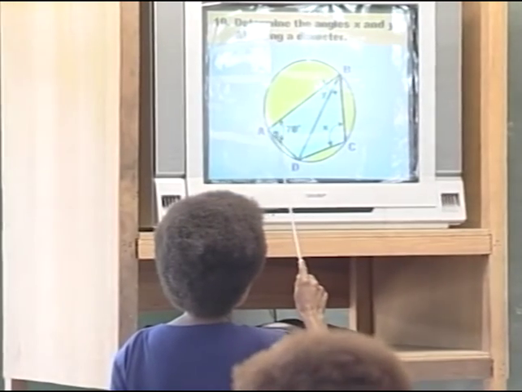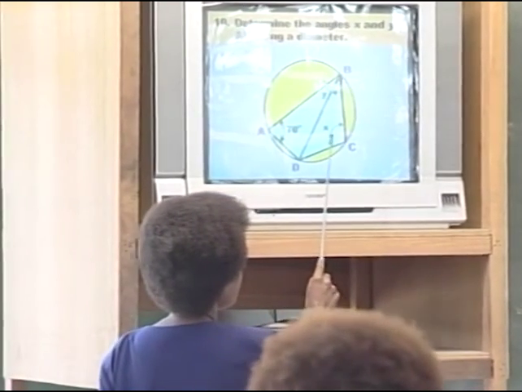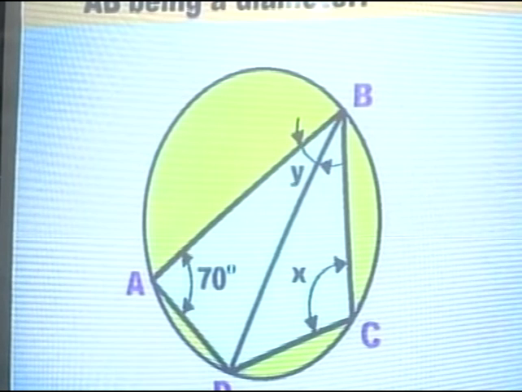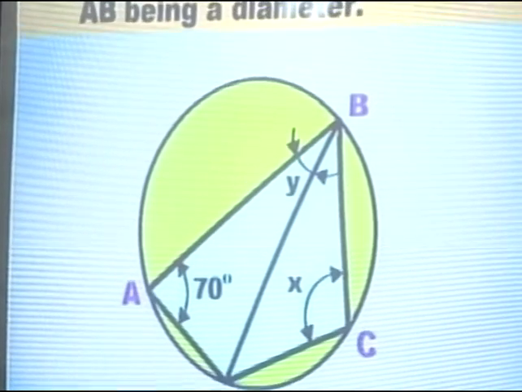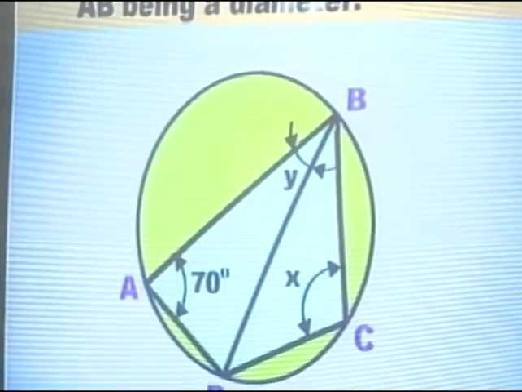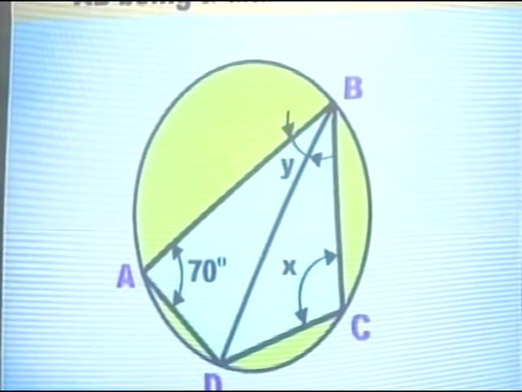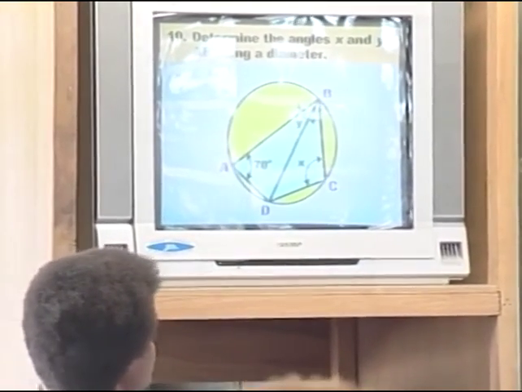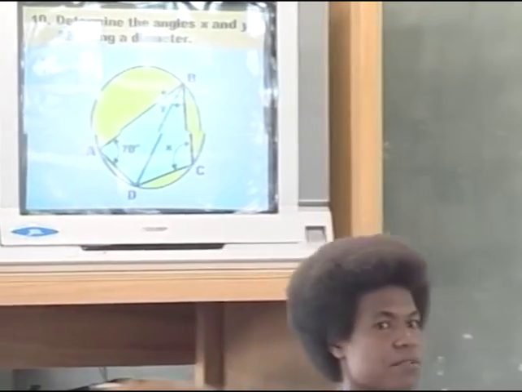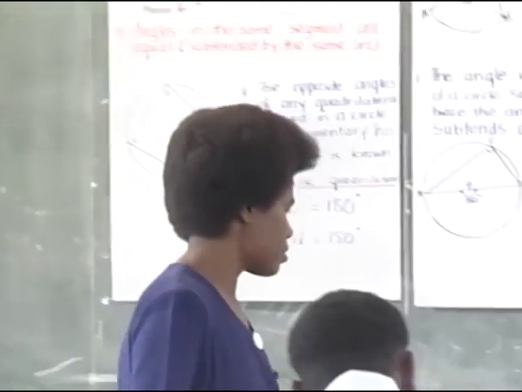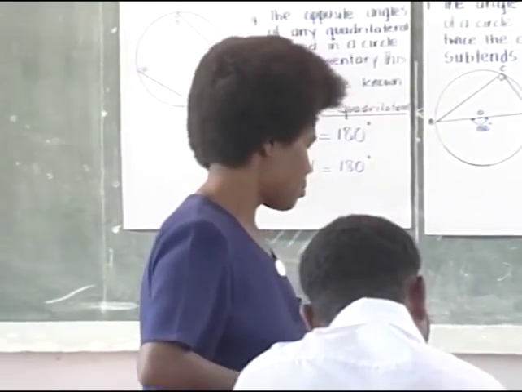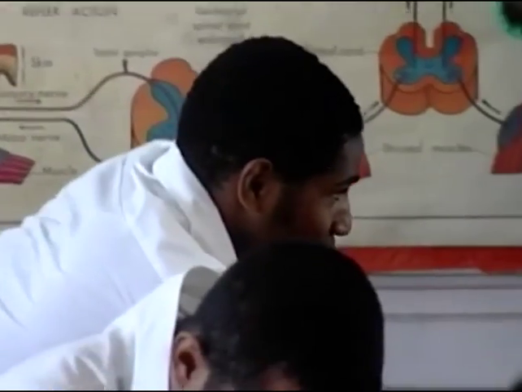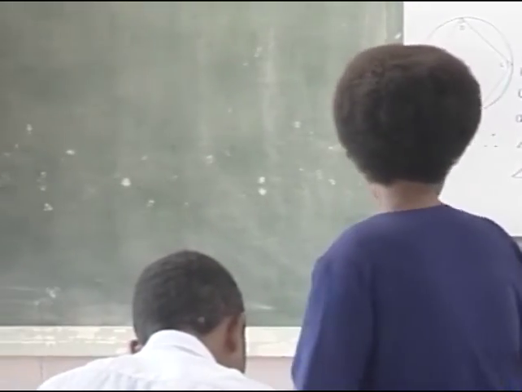Okay, so angle A there is 70 degrees. This angle C is opposite to angle A. So what's the value of angle C? 110 degrees. We agree with that. That's X, marked X. So X equals 110. All right, if X equals 110, Y equals? Y equals 20 degrees. That's correct. All right, and question 11, last one.